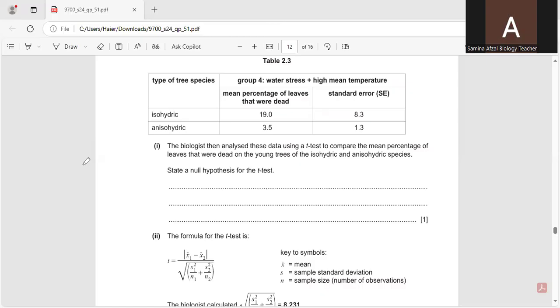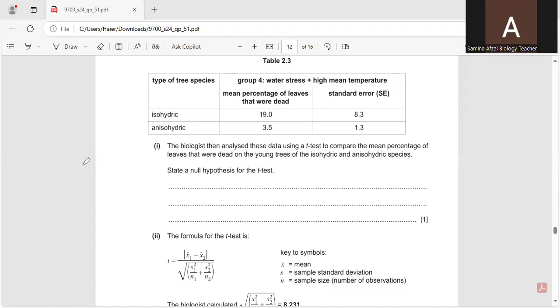So the null hypothesis can be there is no significant difference between the percentage of dead leaves on young trees of the isohydric and the anisohydric plant species. So we are going to write it this way.